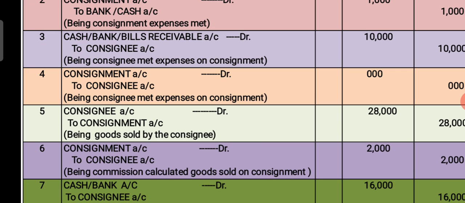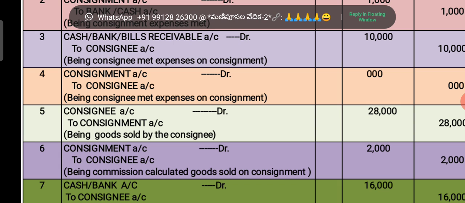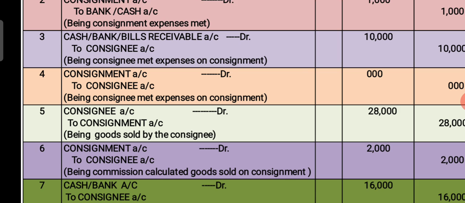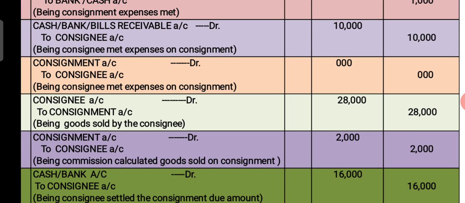Then consignee commission. When commission is payable on consignment, we write the sixth entry: consignment account debit to consignee account, in brackets Anant of Ahmedabad, rupees 2,000. Narration: being commission calculated on goods sold on consignment.